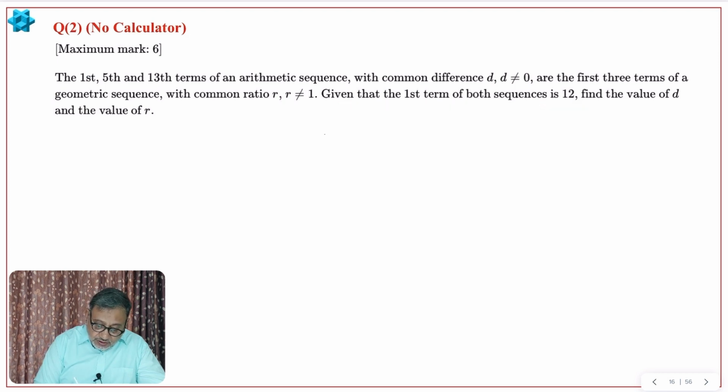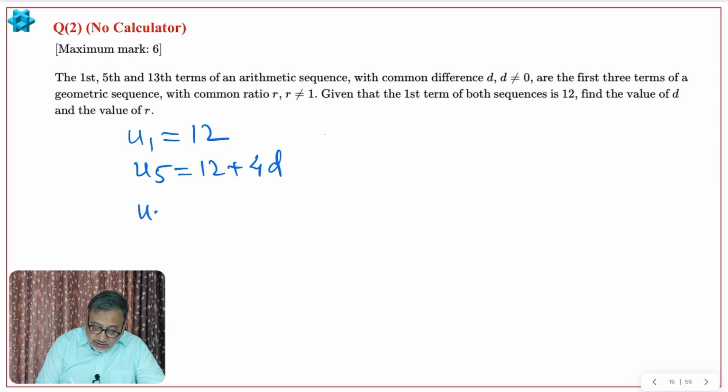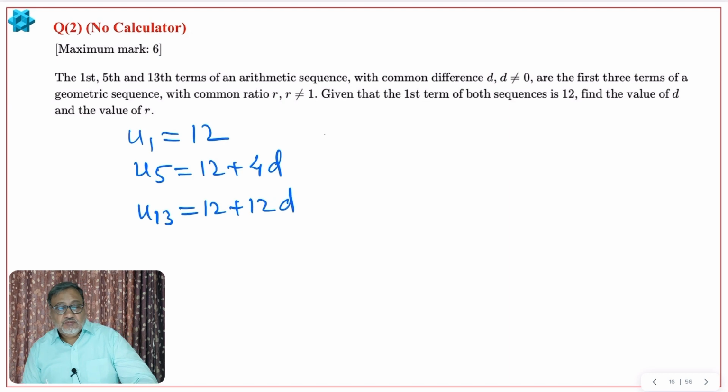So u1 is 12. Okay, fifth term u5. How do we write u5? u1 plus 4d, so 12 plus 4d. And 13th term, how will we write the 13th term? u13 is 12 plus 12d, because d is 1 less than the term number.